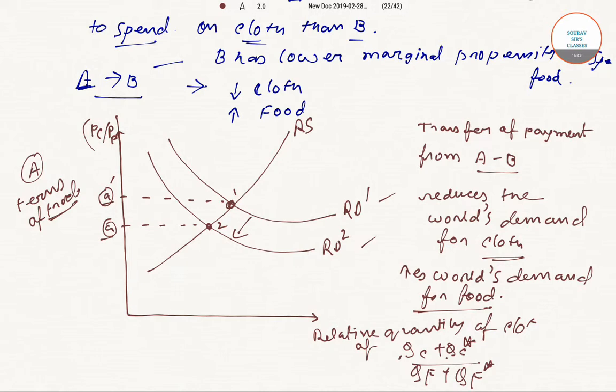There is, however, another point. If A has a lower marginal propensity to spend on clothes, a transfer from A to B shifts the RD curve rightward. Now A's terms of trade improve at B's expense. This effect offsets both the negative effect on A's income and the positive effect on B's income. Generally, a transfer worsens the donor's terms of trade if the donor has a higher marginal propensity to spend on its export good than the recipient.